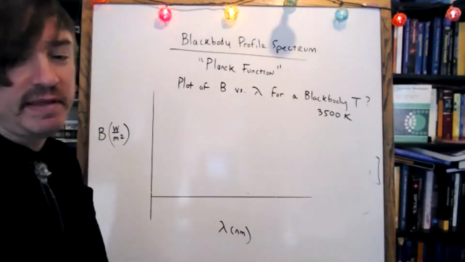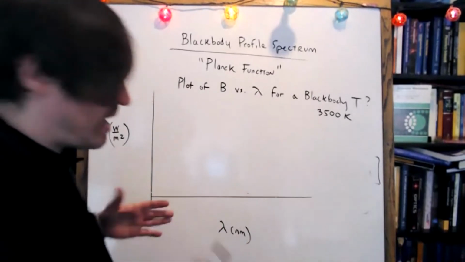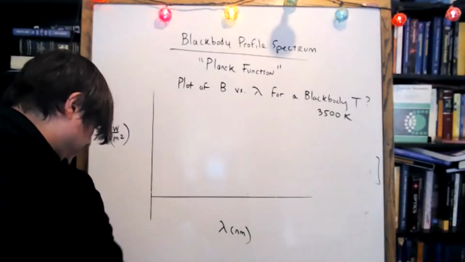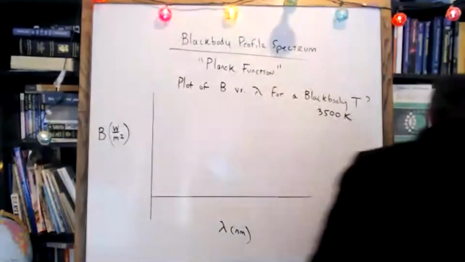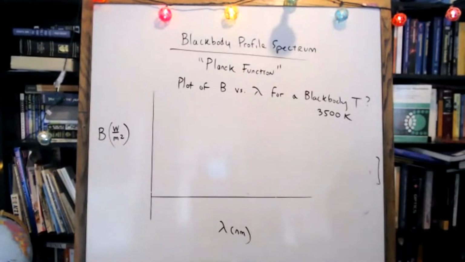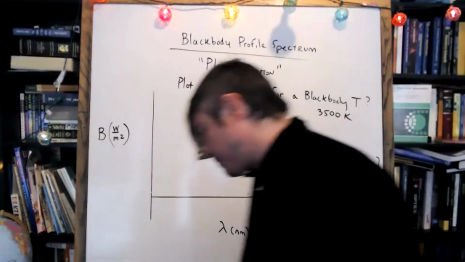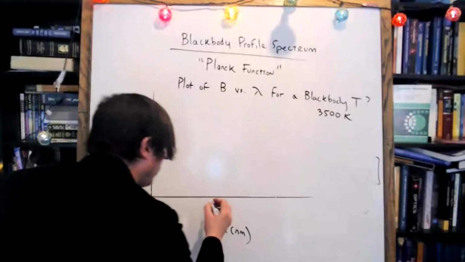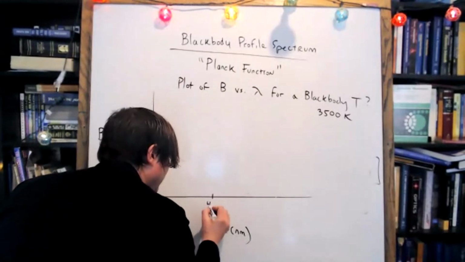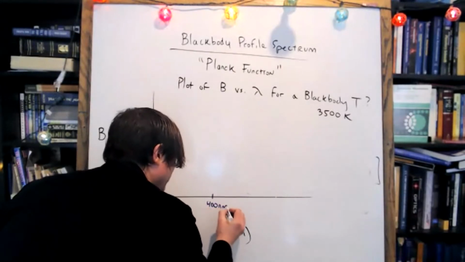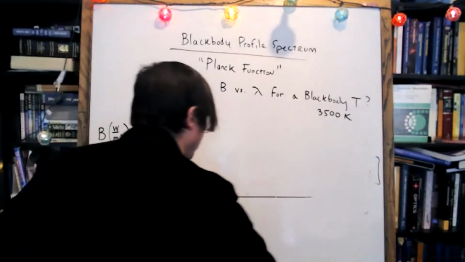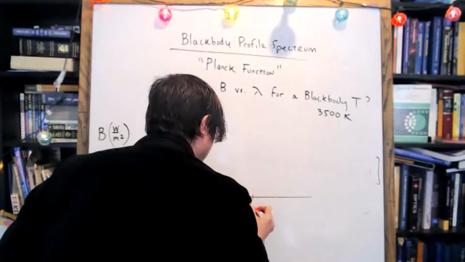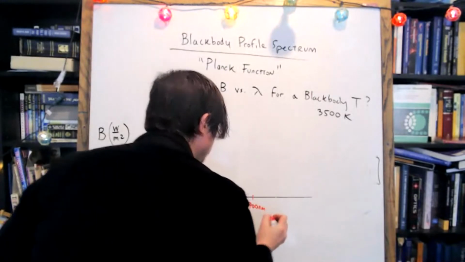But I won't simply plot visible light. I'm going to plot the whole thing. So I had a purple marker at some point. Where's that purple? Here it is. Okay. So over here, I'll do violet at 400 nanometers. And over here, I'm going to do red at 700 nanometers.